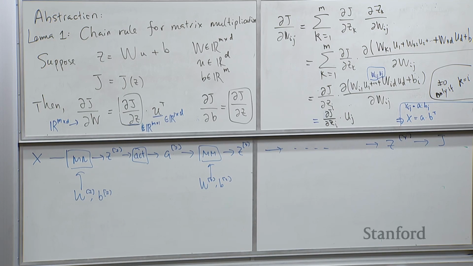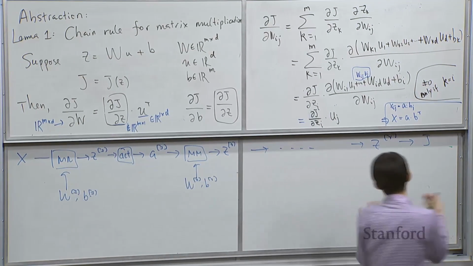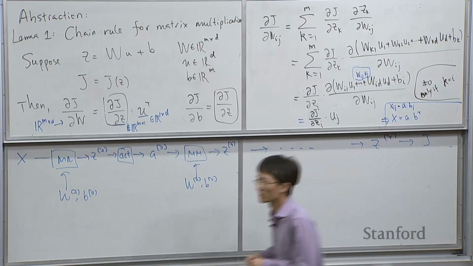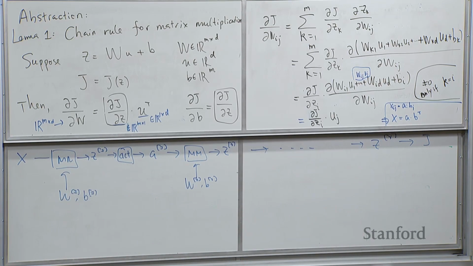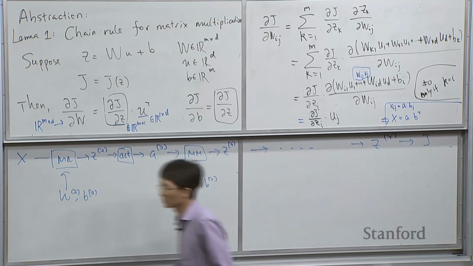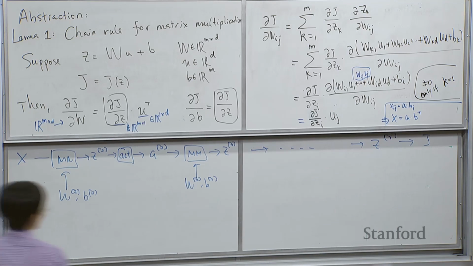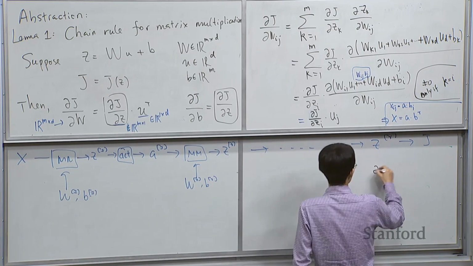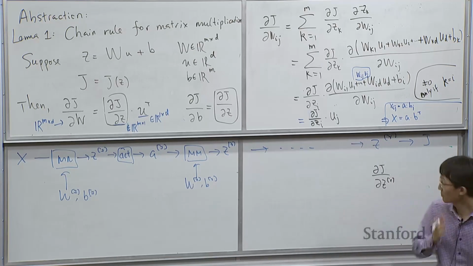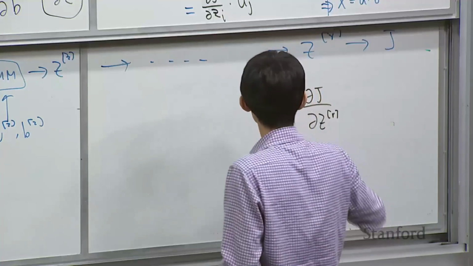And if you think about conceptually how you organize the information in the backward algorithm, I'm just trying to visualize this, but of course all of this will be in the computer. So what you do is you first compute the derivative with respect to this variable, ZR. And then you ask, how did you get ZR?